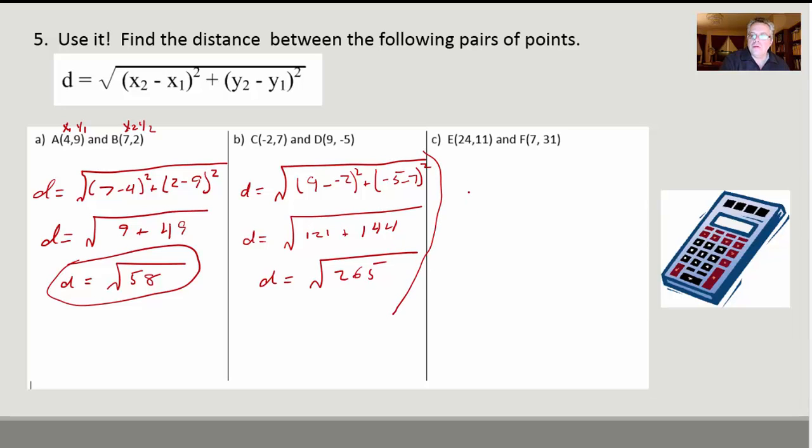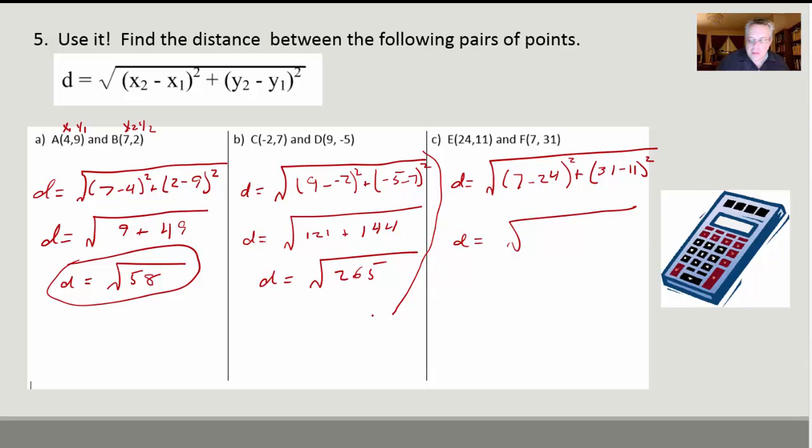All right, so let's do this one. So d equals big square root x2, which is 7 minus x1 squared plus y2 minus y1. And I get d equals the square root of. I'm going to put all of that in my calculator and see what I get.